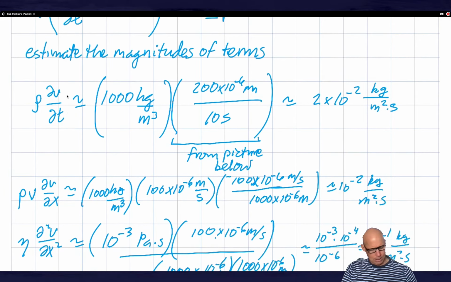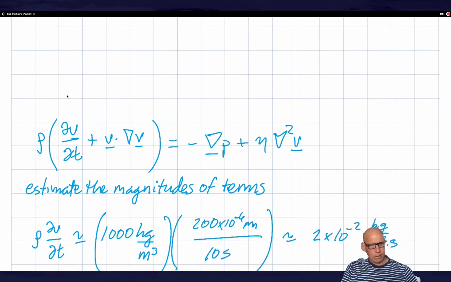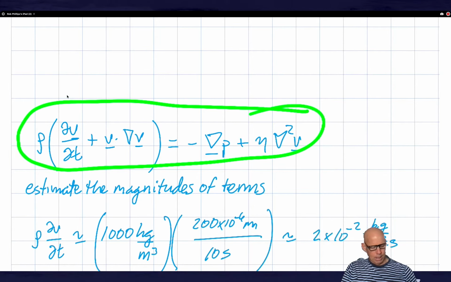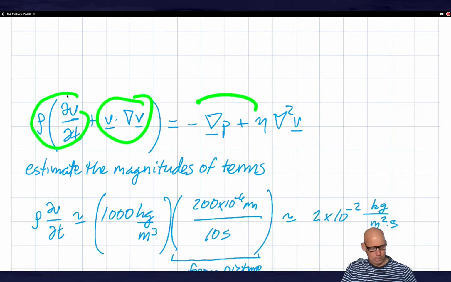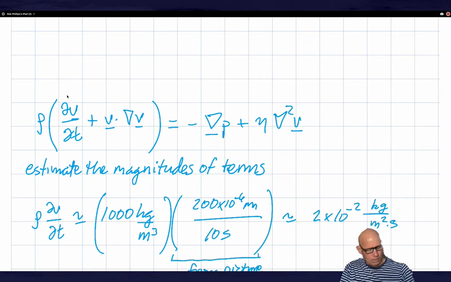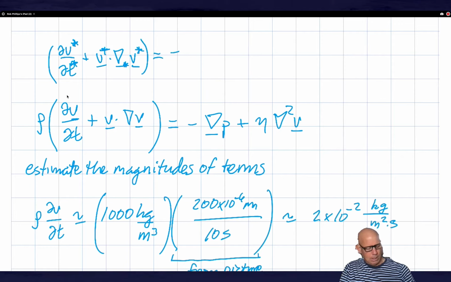Well, okay. The idea here is that here's the full Navier-Stokes equations right here. And what I can do is try to estimate the relative magnitudes of each of these terms. Alternatively, I can always rewrite this as dv star by dt star plus v star dot grad star v star, where I'm just signifying that I'm in dimensionless units, is minus grad star, 1 over Reynolds number, p star, and then plus 1 over Reynolds number, grad star squared v star.